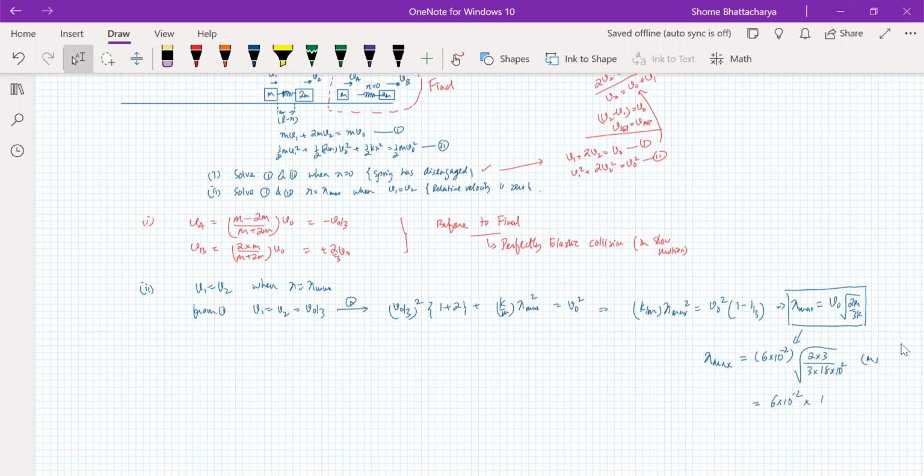So its square root would be 1 by 30. So 1/5 of a centimeter. That would be our X maximum.